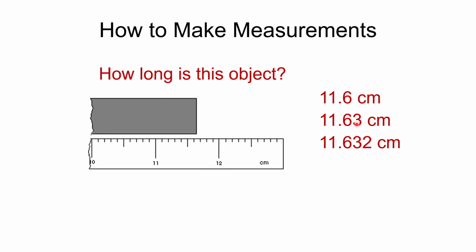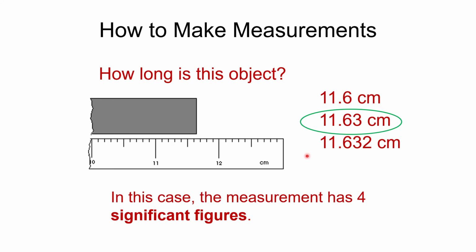We already were maybe disagreeing about whether this was 11.63 or 11.64. How could we write down any extra digits? So 11.63 is really all we could do. So this is the correct number of significant figures to write down. And since there's 4 digits that we wrote down, we would say this measurement has 4 significant figures.